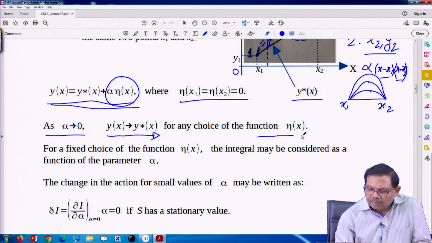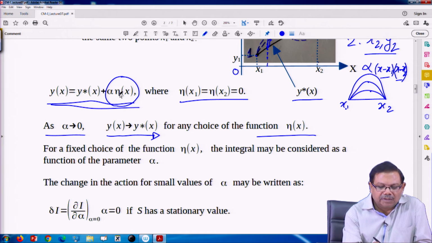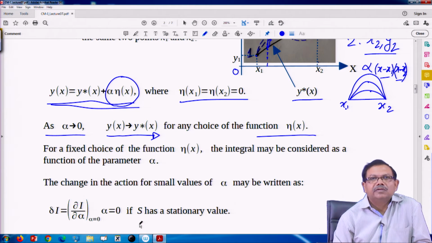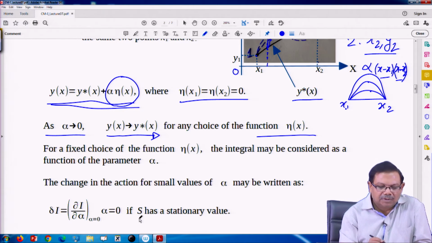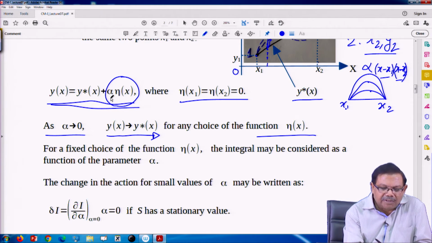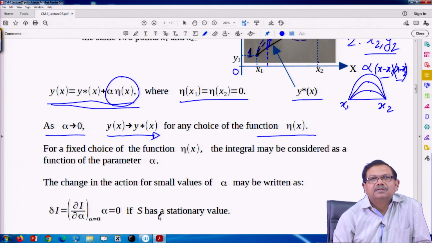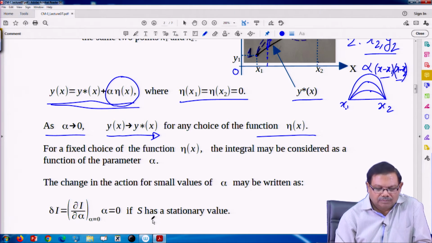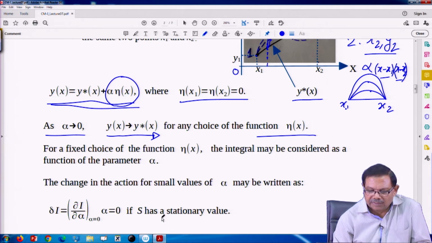For any choice of this function, whether eta of x is parabolic, sinusoidal or a different kind of curve, as long as this parameter alpha is set to 0, the perturbations will go to 0 and y x will approach y star x.